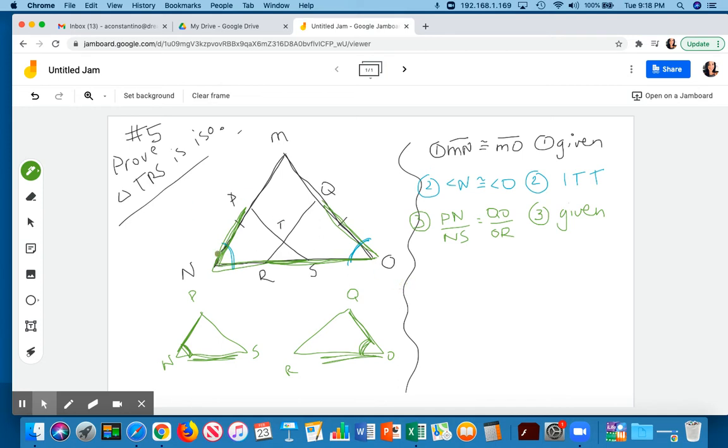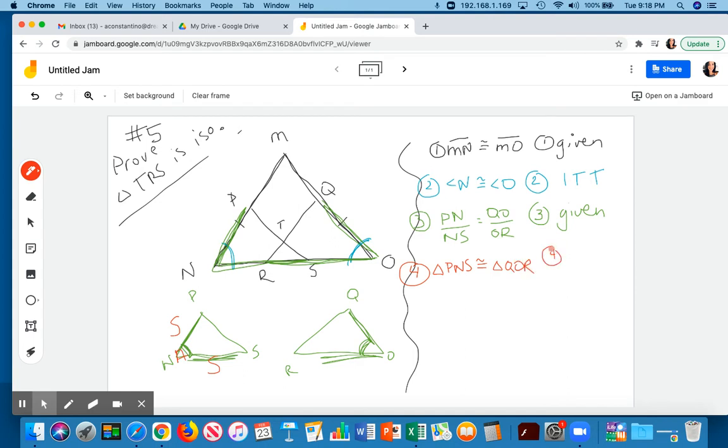So basically, you have a side, you have an angle, and you have another side. So what we can jump to is this. We can say that triangle PNS is congruent to triangle QOR.